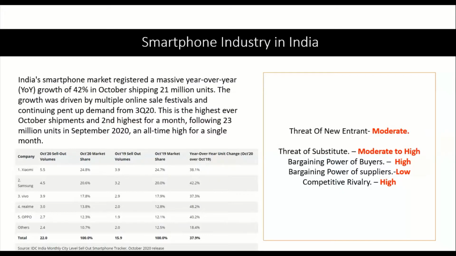Because if it's a price sensitive case, then definitely they'll go with the competitor. If it is more about brand loyalty, if it is more about understanding why the prices are that much as compared to this one, and understanding the functionalities and features in more depth, then there are a few chances that the buyer can go with Samsung. So the bargaining power of the buyers is also very high.